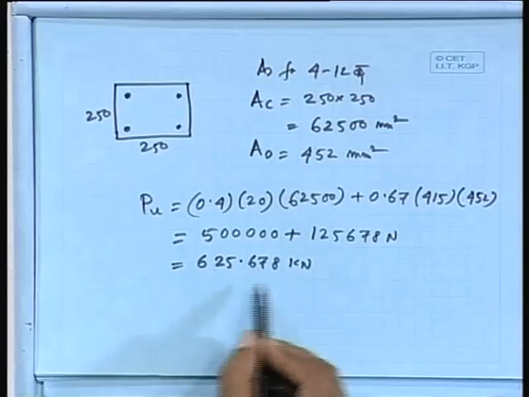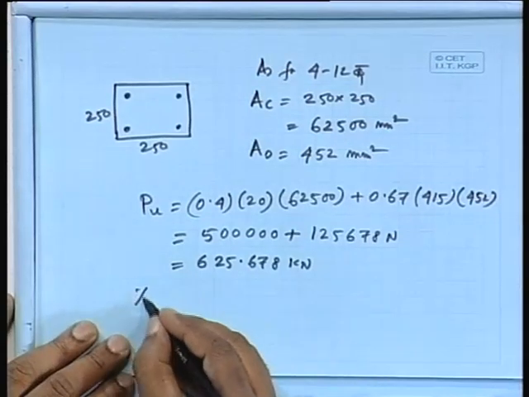So, we can get Pu this one, but what about the percentage of steel?